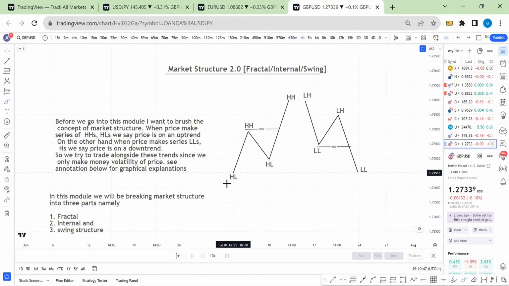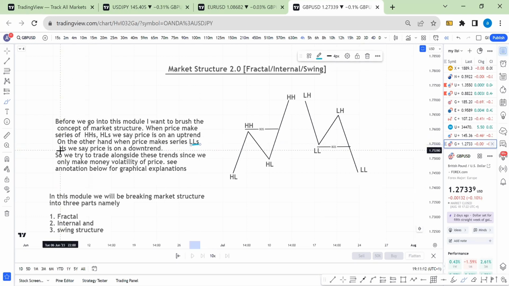So we have higher low, higher high, higher low, higher high. When price is moving in that direction, creating higher highs and higher lows, we see that we are having an uptrend.